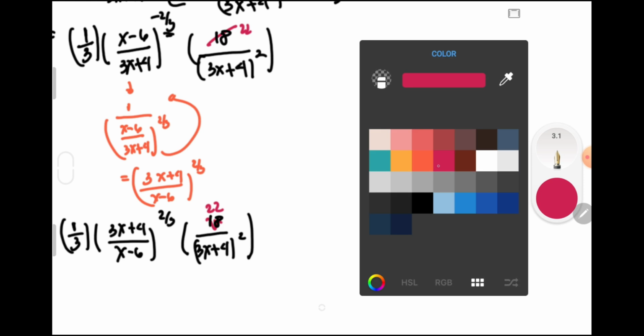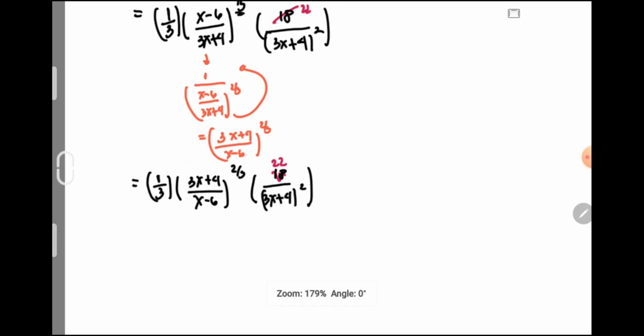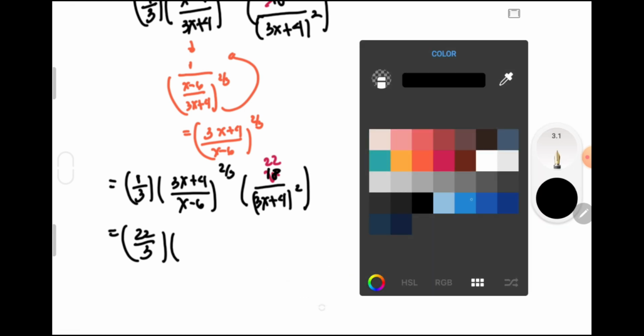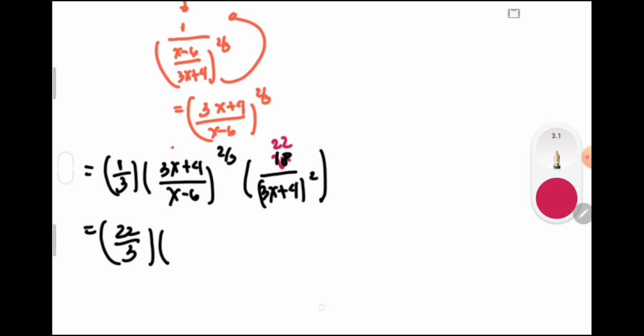Okay, so from that we'll have a value equal to 22 over 3 multiplied by 3x plus 4 all over x minus 6 raised to 2, all over 3x plus 4 squared. Okay, you'll notice here that we can group this one, right?